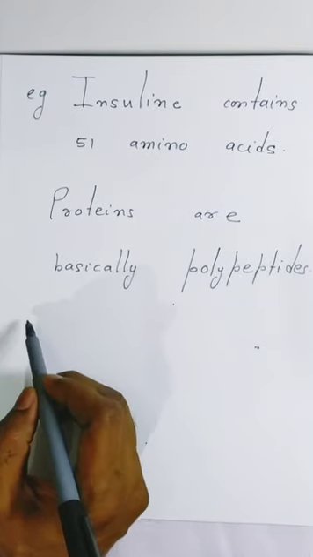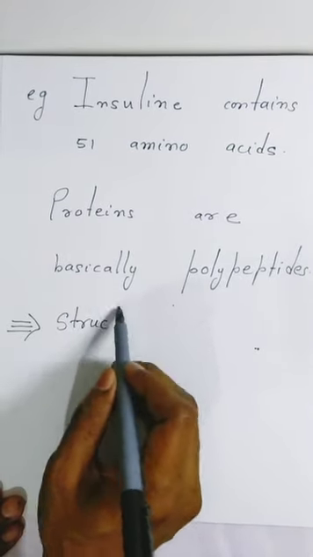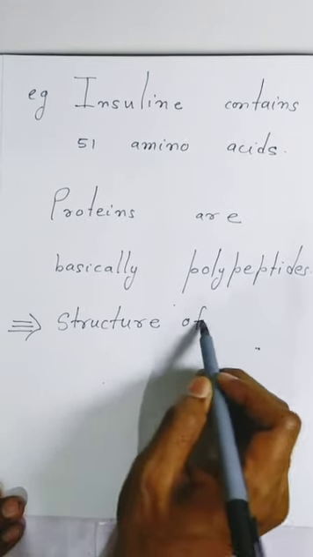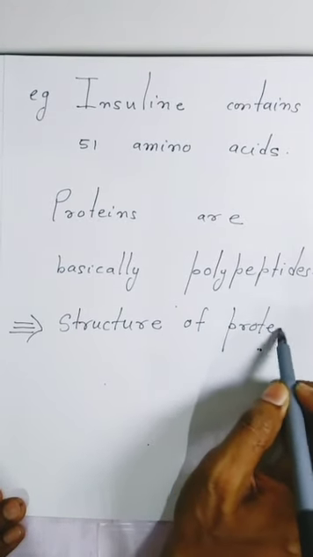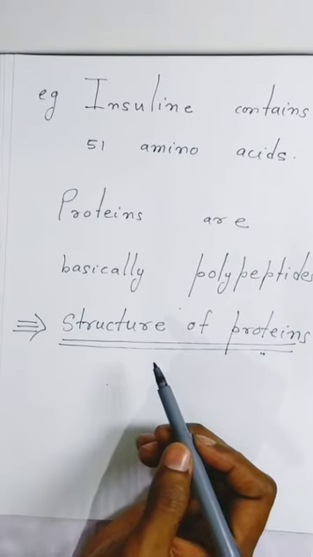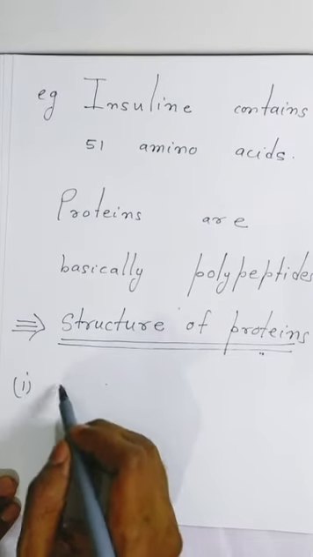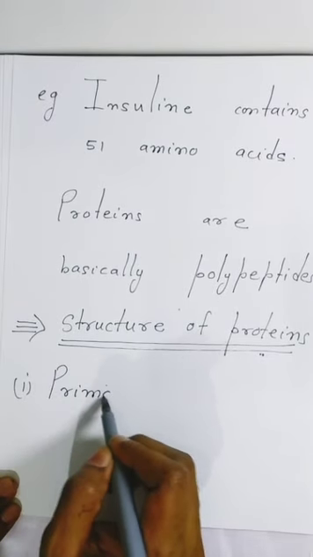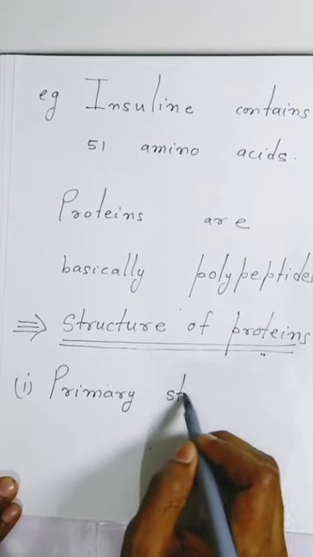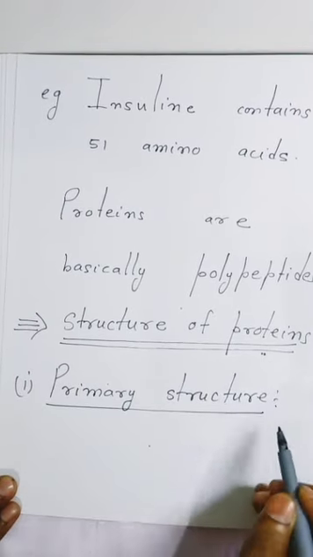Now students, we are going to see the structure of proteins. Now we can explain the structure of proteins very well. The first structure, students, of protein is the primary structure. Which chain do we call the primary structure?